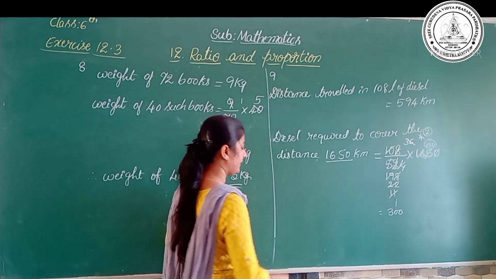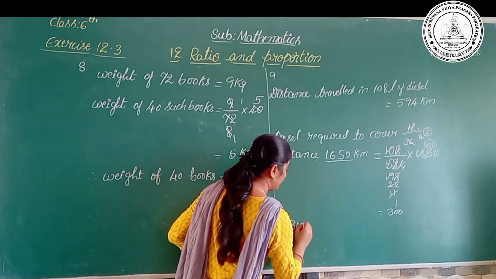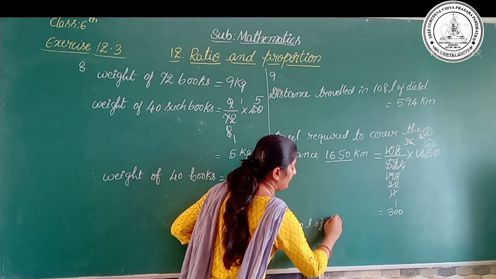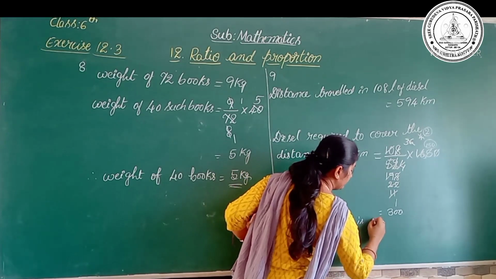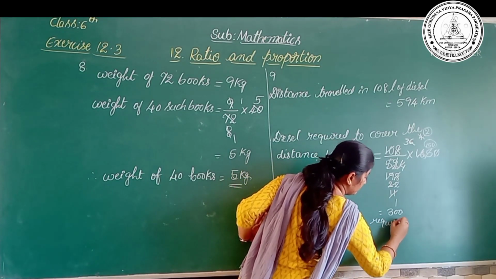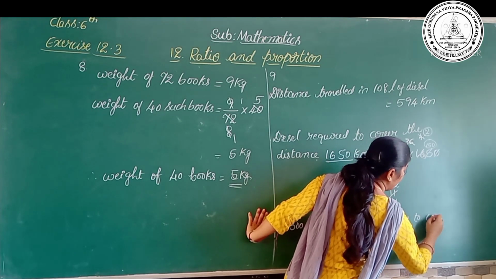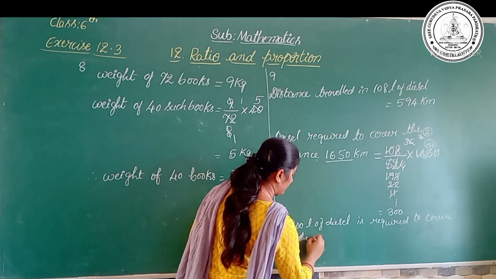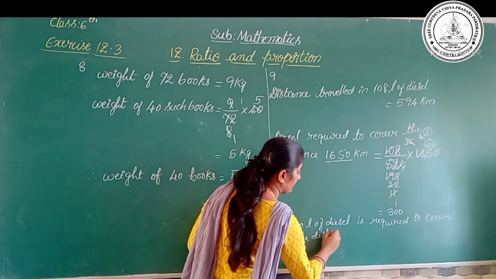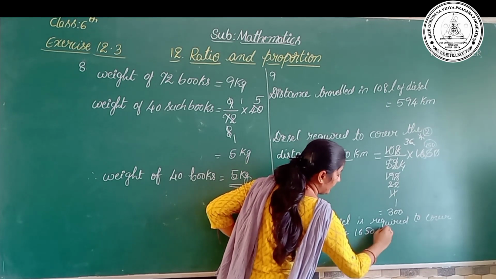Then write down here, therefore, 300 liters of diesel is required to cover the distance 1650 kilometers.